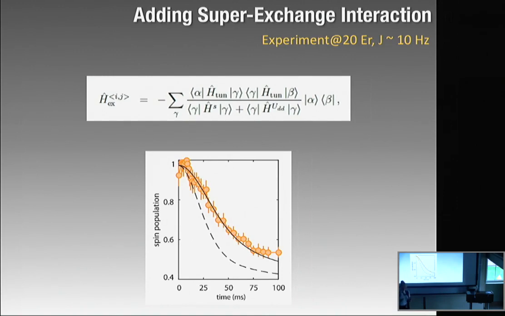This is not a fit; it's really a theory accounting for our system. There is one parameter which is left free: we don't know the contact interaction for each spin-state combination. We just know it for one spin-state combination, but we know something about the molecular potential of erbium, so we allow this contact interaction to spread a little bit. This is the only free parameter.